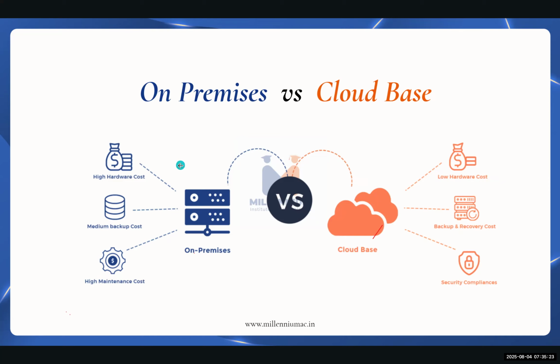And here, the capex, capital expenditure, will be more because we need to maintain the servers. We need to also have the power backup. We also need to have the DBAs, database administrators, who always need to keep the servers up and running such that there is no data lag.